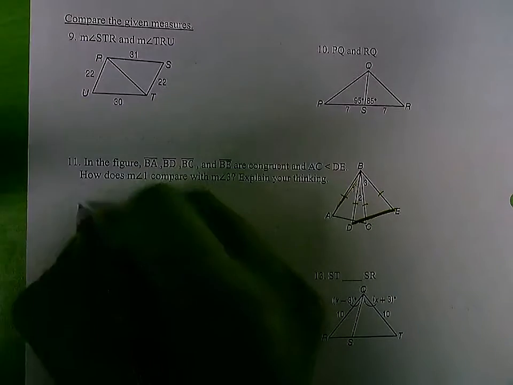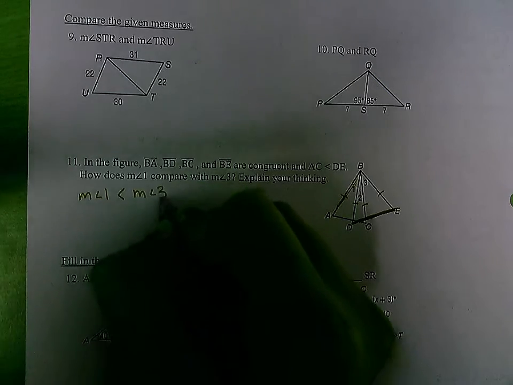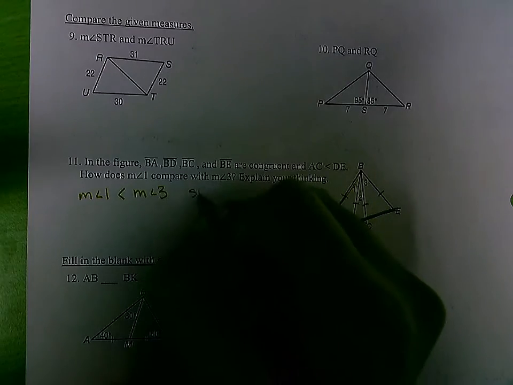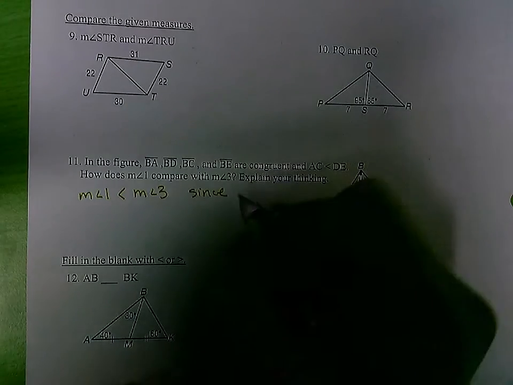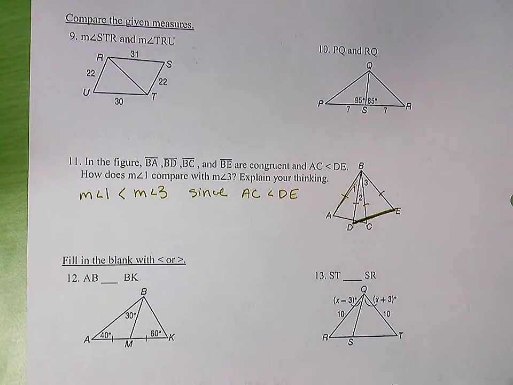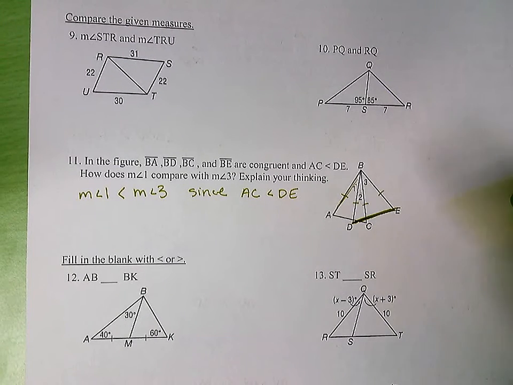So I can say the measure of angle 1 is less than the measure of angle 3, since AC is less than DE, and they both contain angle 2. Does that make sense, looking at our picture here? Greater side, opposite greater angle, both contain 2.